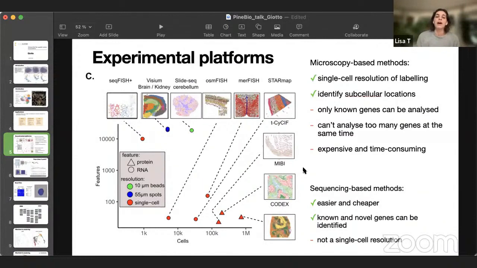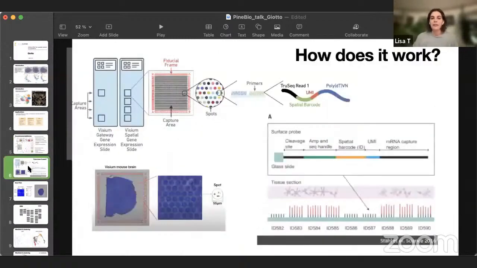Sequencing-based methods are easier and cheaper, and they don't really need a lot of pictures made on a microscope to study the locations. And we also can study novel genes that we don't know the sequence of, but it's not always single cell resolution.